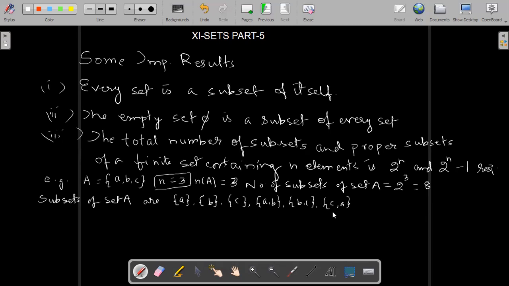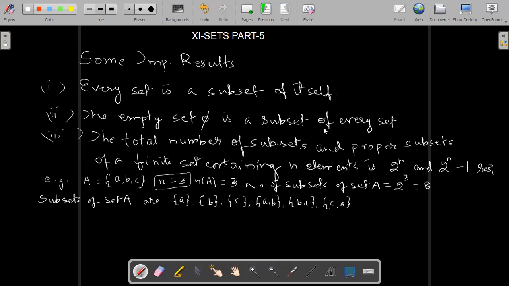Now can you tell me the 7th and 8th subsets? Afra and Ryan are giving the answers that I'm asking. What will be the 7th and 8th subsets of this set?